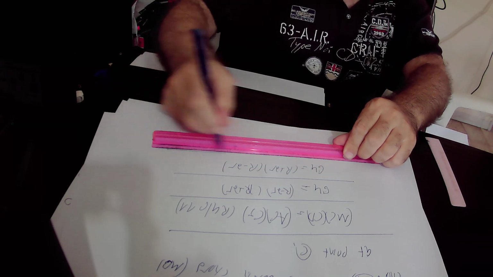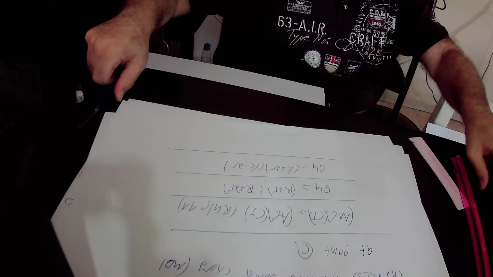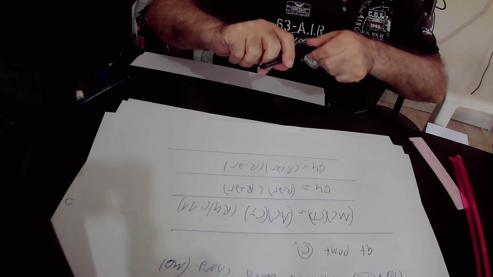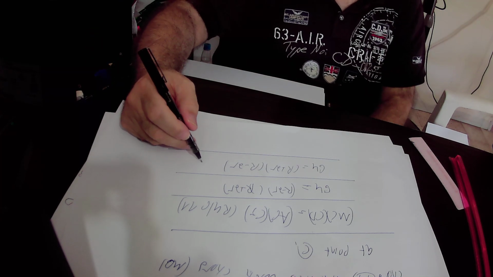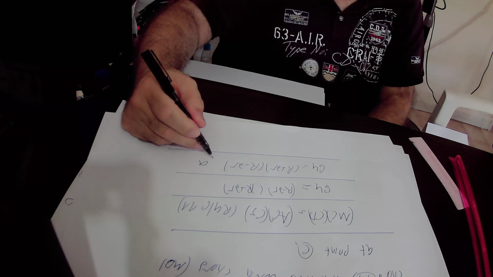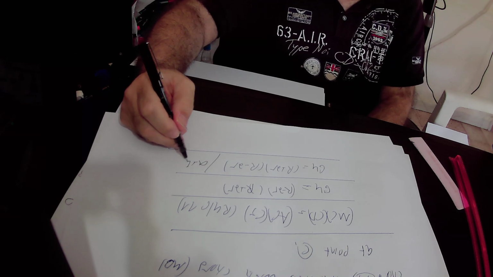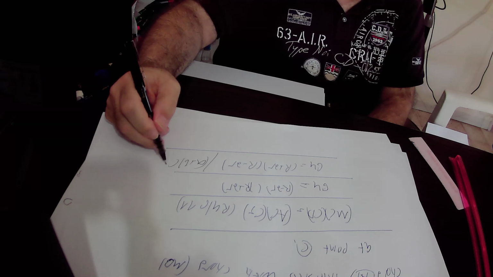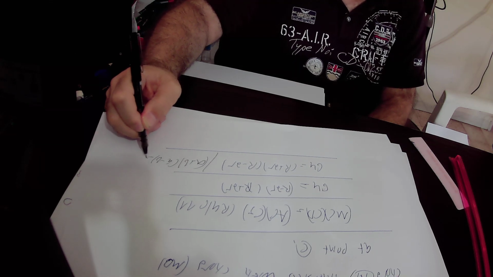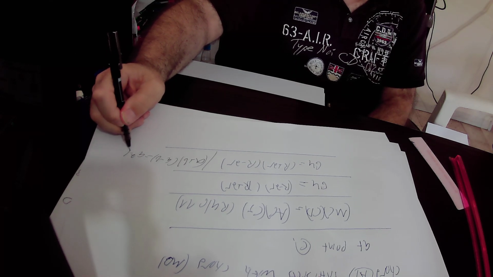So that is to say 64 equals to capital R plus 2R times capital R minus 2R, according to the algebraic identity that A plus B times A minus B equals to A squared minus B squared.